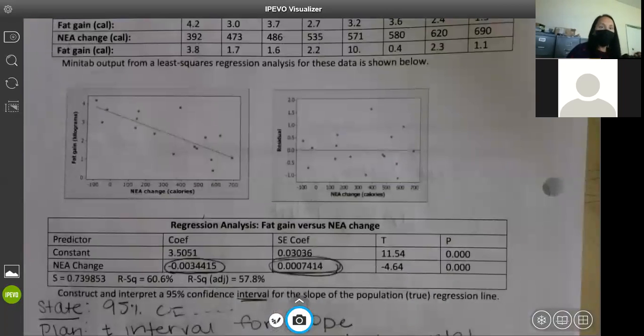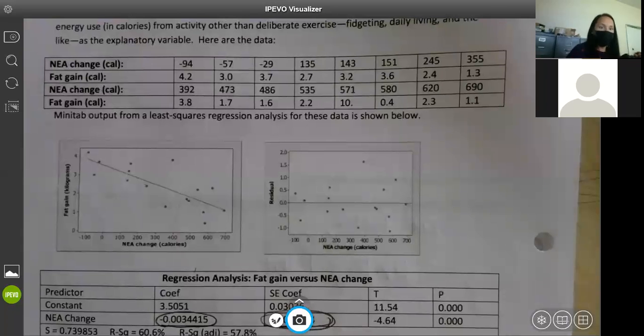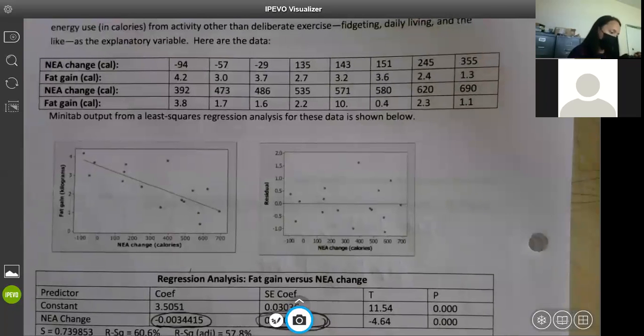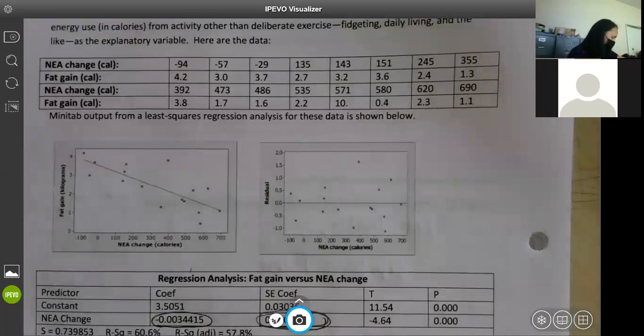Y'all, if you chat, I don't see it pop up, so it's best if you just interrupt me. Okay. Put these numbers in. If you don't have a calculator, put them in. Is L1 in there? Yes.